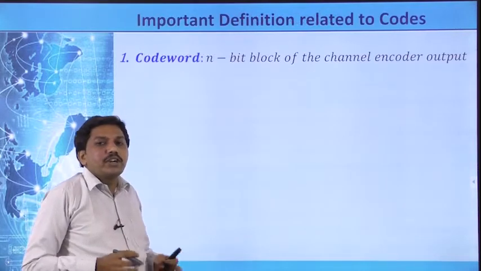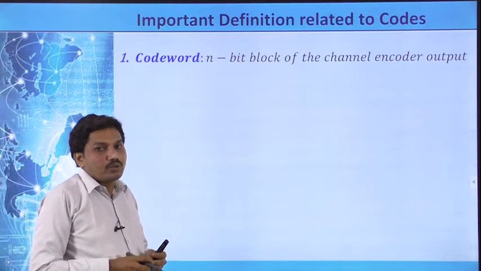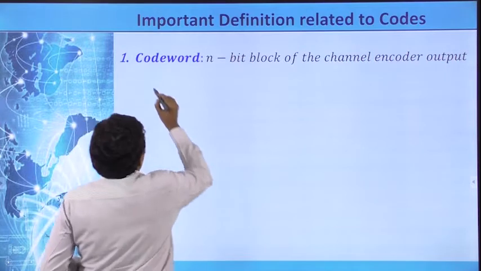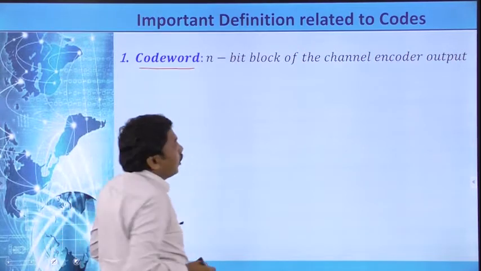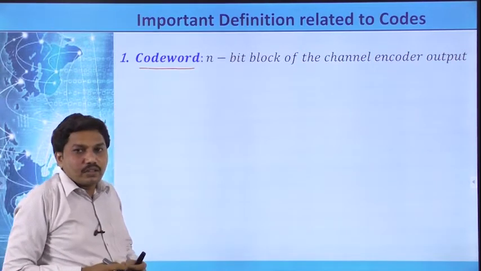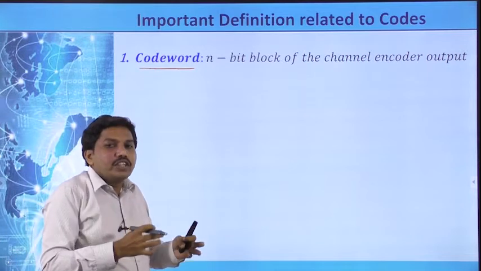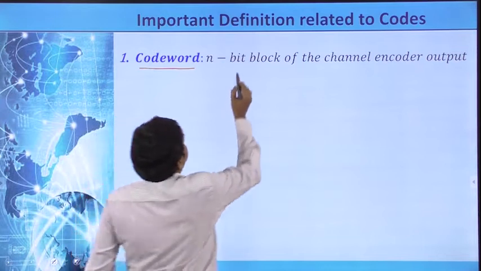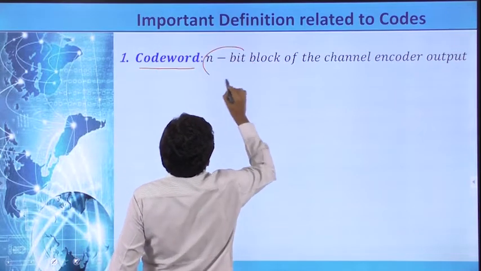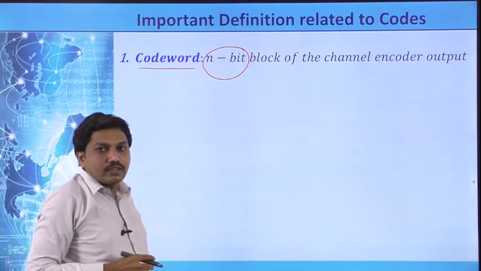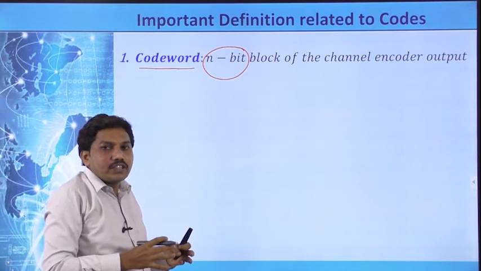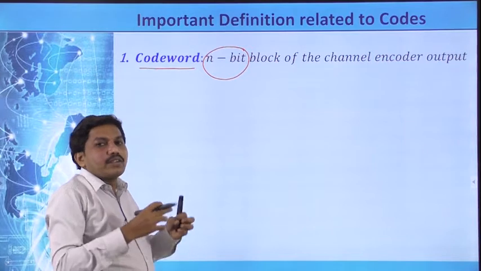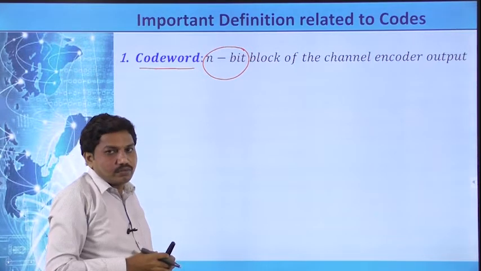We'll see some important definitions related to the codes. The first one is code word. What do you mean by code word? The output of the channel encoder is known as the code word, which consists of n bits. The length of the code word is n bits.